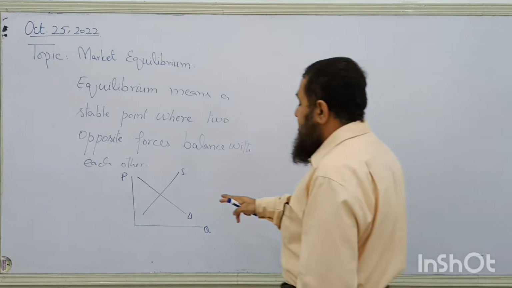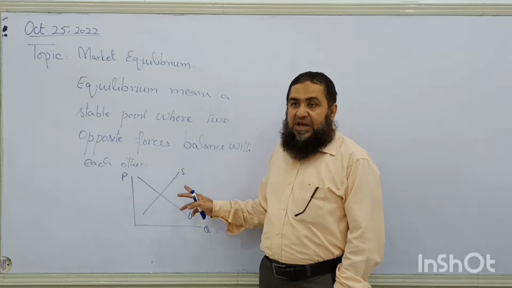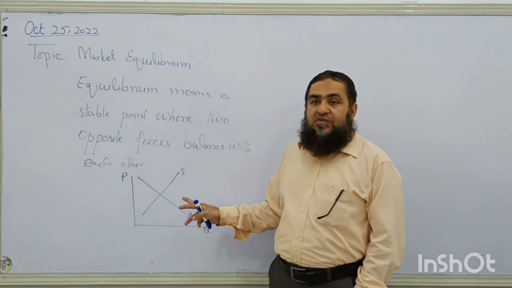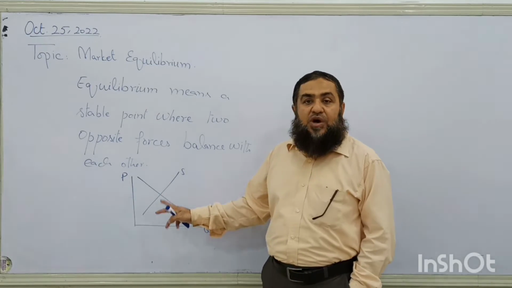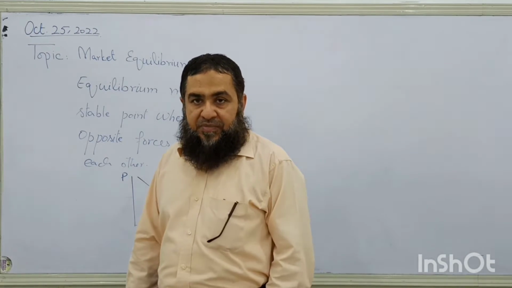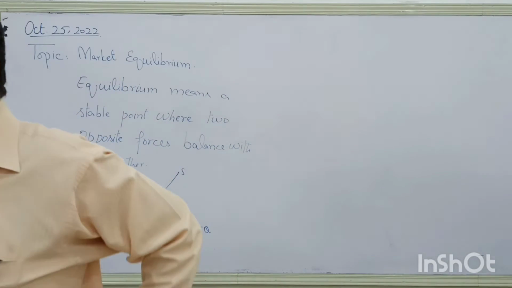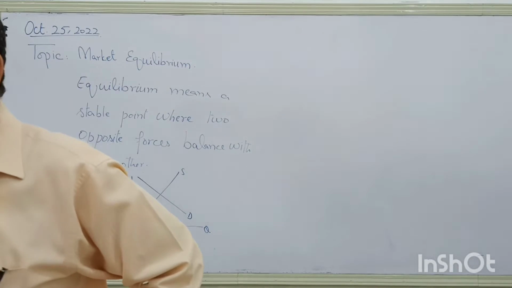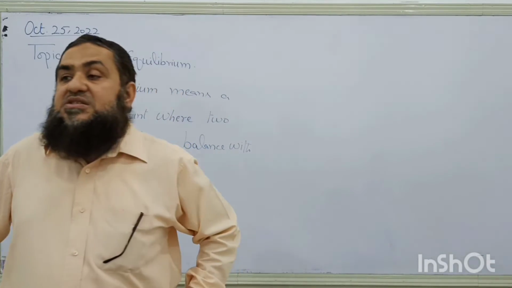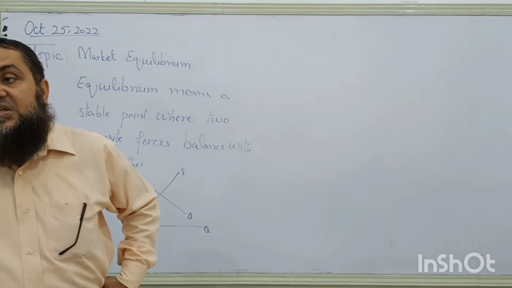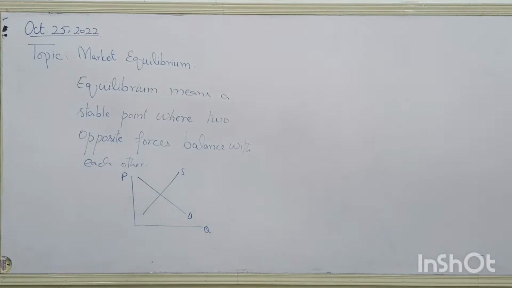So this is the consumer force, demand, and this is the producer force, supply. We see over here that the two forces balance with each other at one point of intersection. The intersection point of demand and supply tells us that this is the market equilibrium point, and it means whatever quantity is demanded by the consumers is supplied by the producers or sellers at this price.